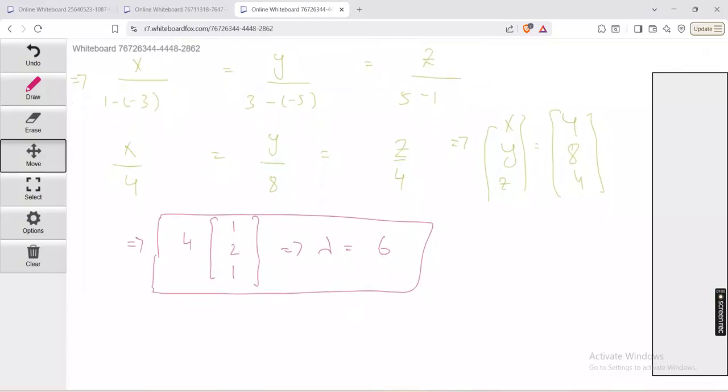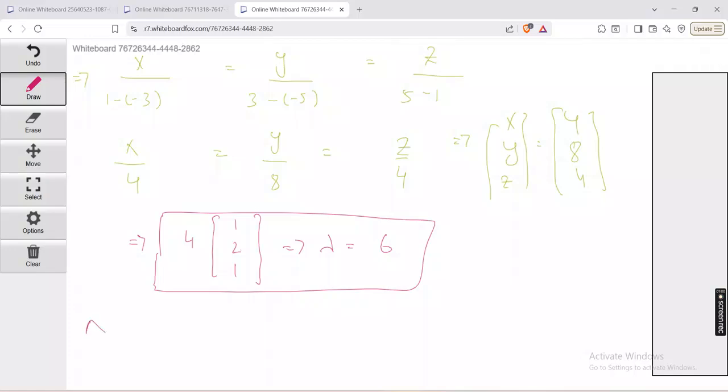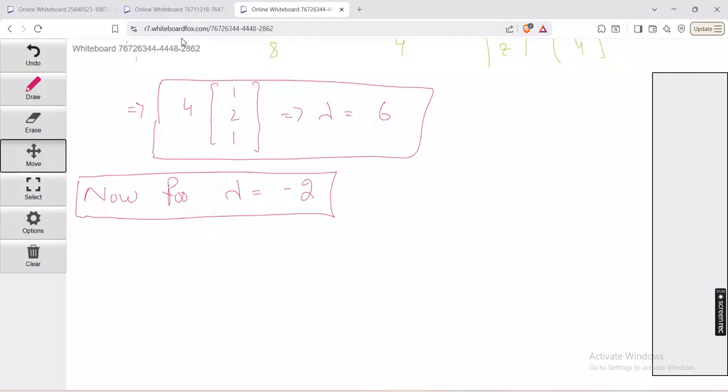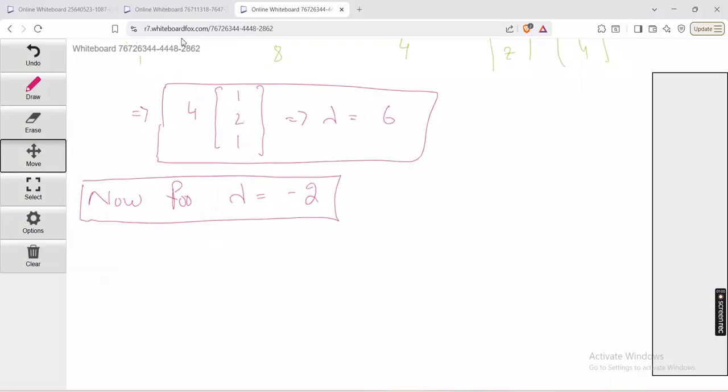Now for lambda is equal to -2, once you solve it and when you put the values in this equation, now you know it's very easy.